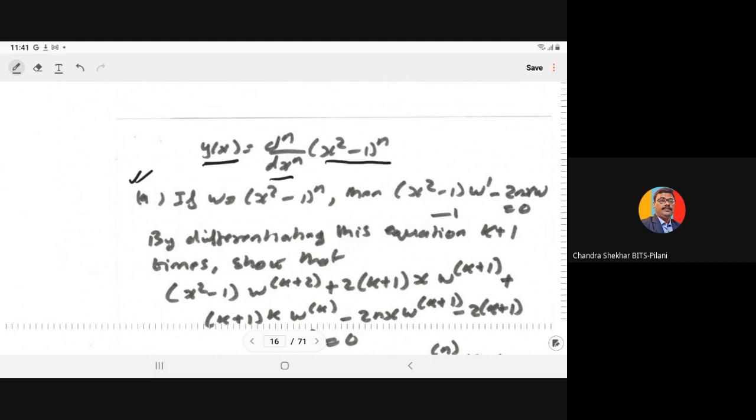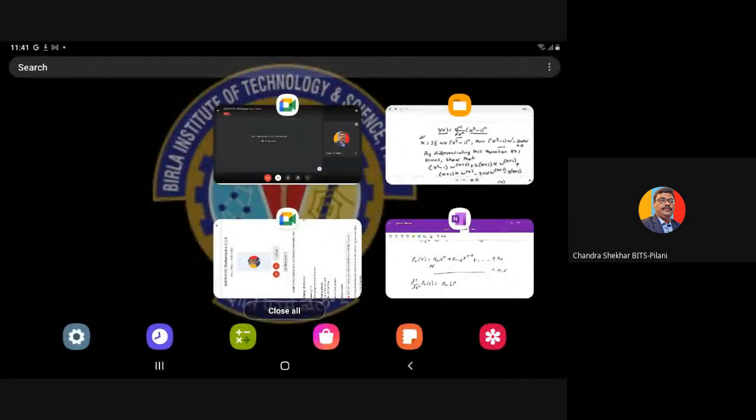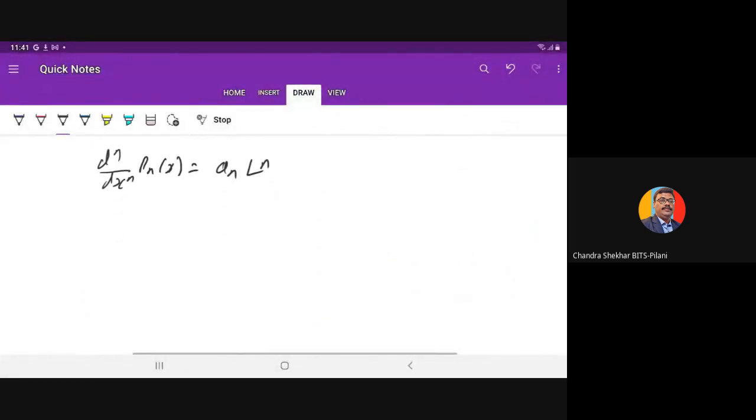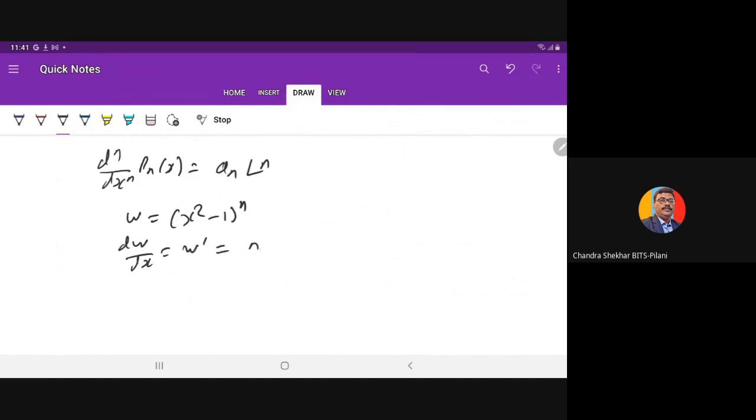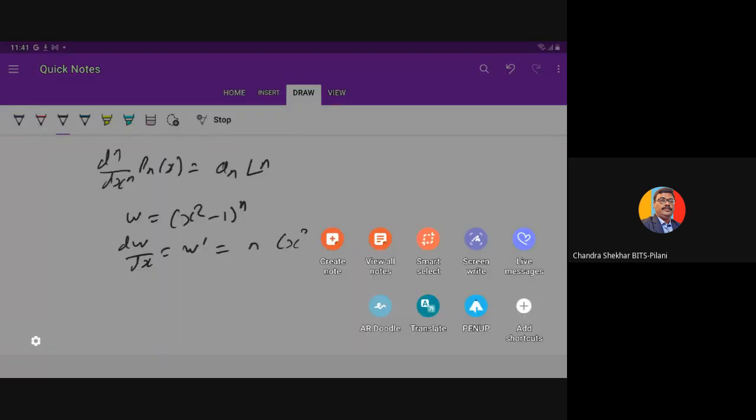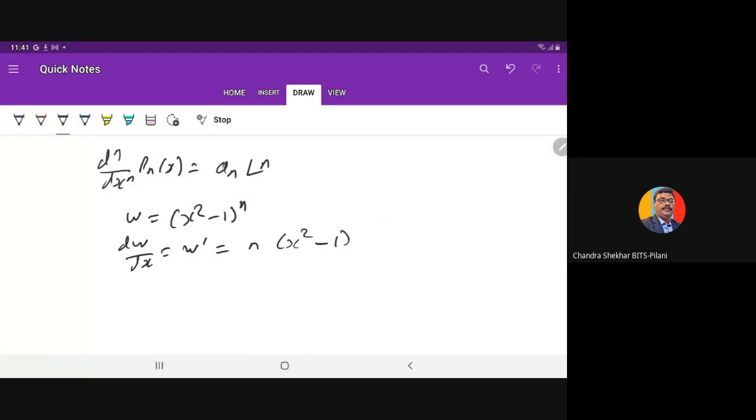So in this case, if w is equal to (x squared minus 1) to the power n, then dw by dx or w dash is equal to n (x squared minus 1) to the power n minus 1 into 2x. That is the first derivative.